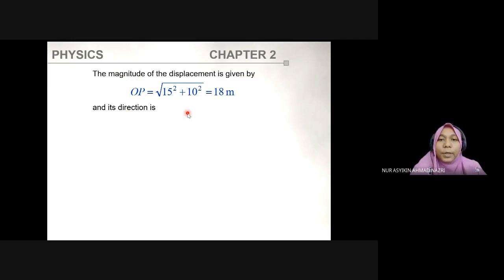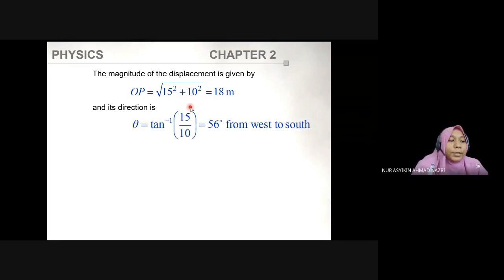Okay, so bila dia about vector, this is how we find the magnitude. Okay, you are not allowed to simply add up all the value because that one akan jadi dia punya distance. So what you need to do is sum up the x component, the y component, and then use this equation, which is theorem Pythagoras equation, to find the magnitude of the displacement.